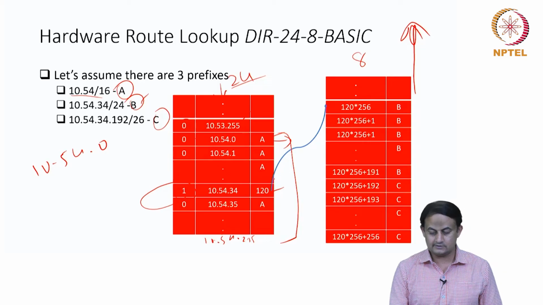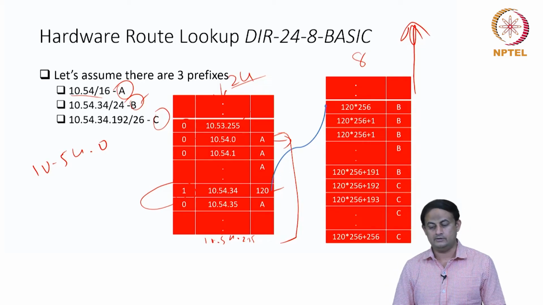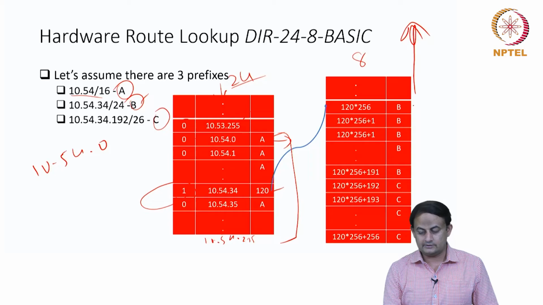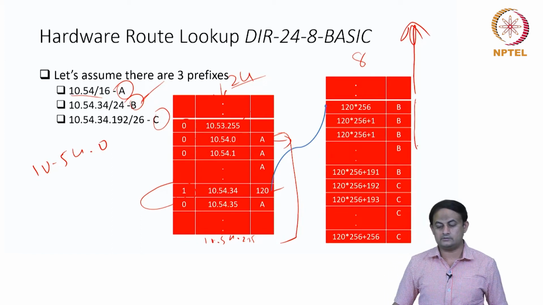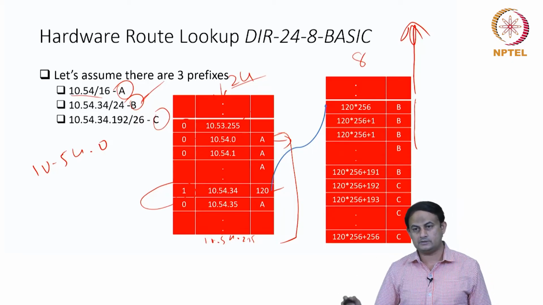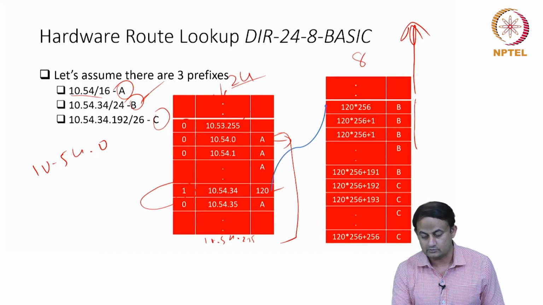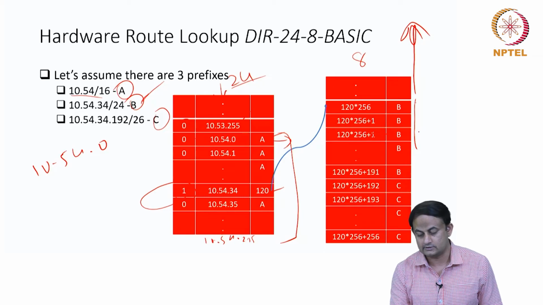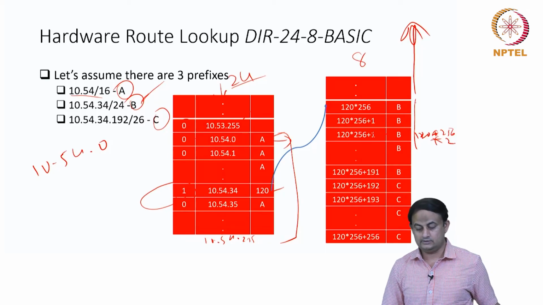So this index is that number, and starting at this one, you should forward with port number B. So all these entries will have port number B marked. So 120 multiplied by 256, and the next entry 256 plus 1, plus 2 and so forth. There is a correction here: this is 120 into 256 plus 2 and 3 and so forth.